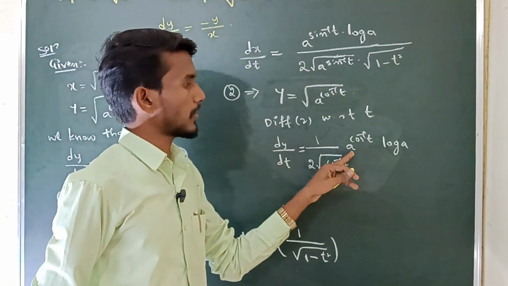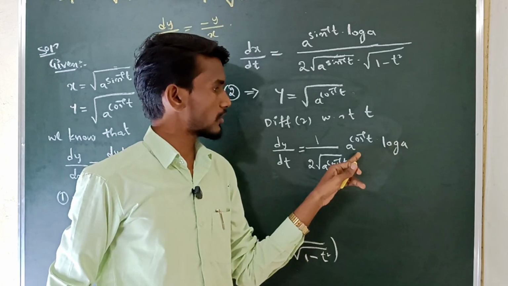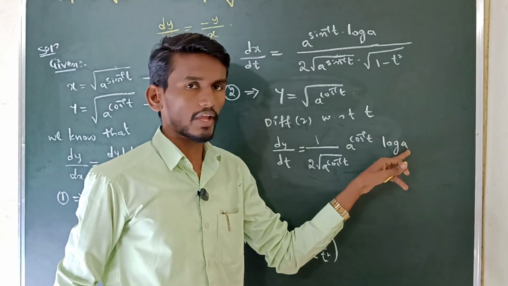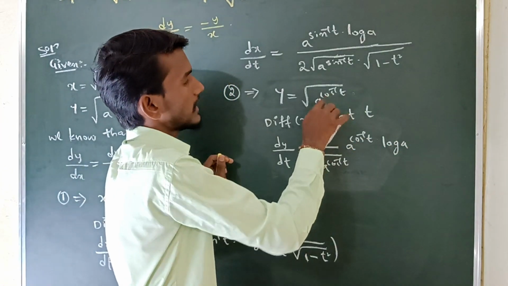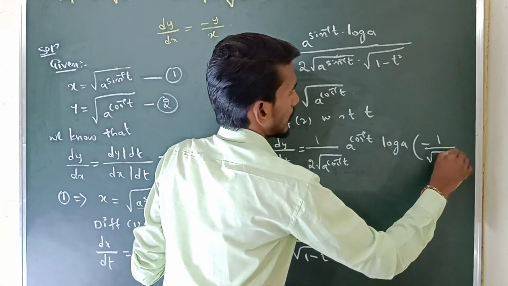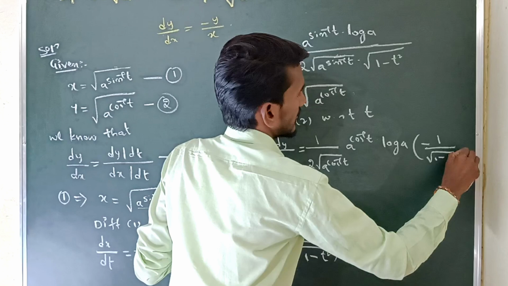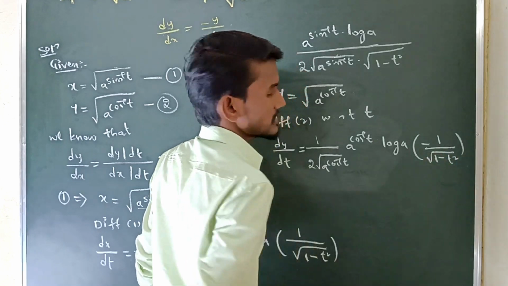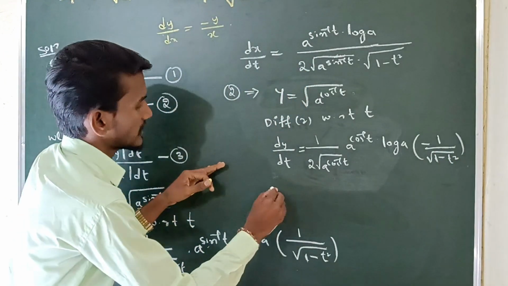It is a to the power x into log a. Then you have to apply the cos inverse t. It is minus 1 divided by root of 1 minus t square. You have to simplify this one.